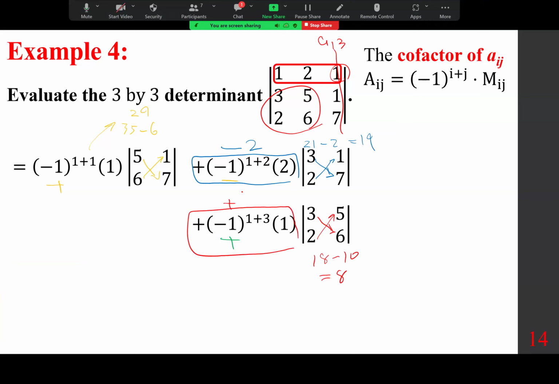This whole thing is just 1. So we have 1 times 8. So we have 29 minus 38 plus 8, and we get -1.